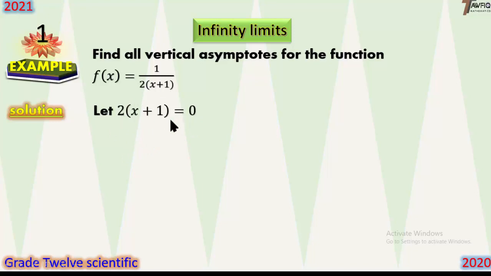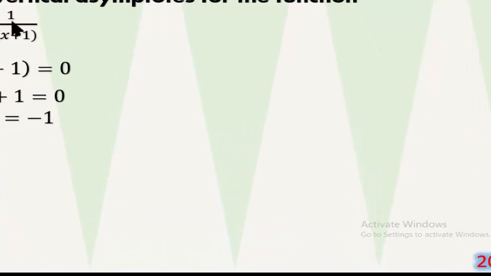By dividing by 2, then x plus 1 is equal to 0. Take 1 from left to the right, then x is equal to minus 1. x equal to minus 1 is a vertical asymptote because it makes the denominator 0, but the numerator is not 0.